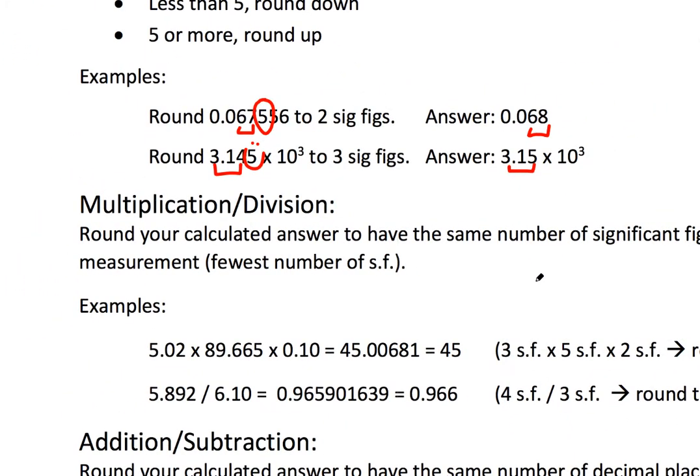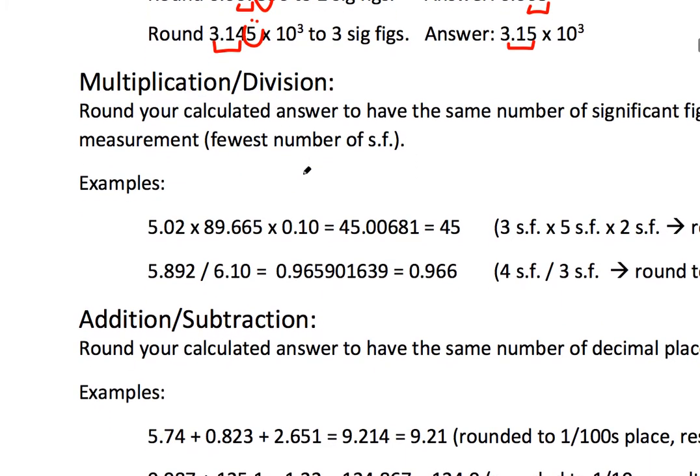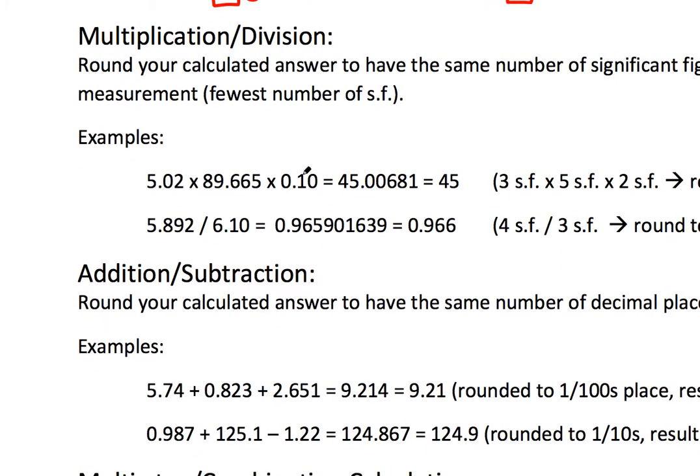All right, now let's get to what to do with multiplying and dividing. If you have measurements, and these should all have units on them, by the way, but they don't, okay, but let's say that they did. They're measurements, and you have 3 sig figs, 5 sig figs, and 2 sig figs. You're going to be limited in your answer by your least number of sig figs.